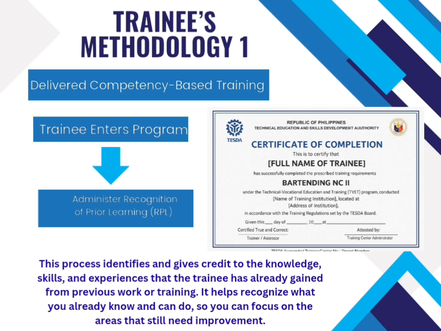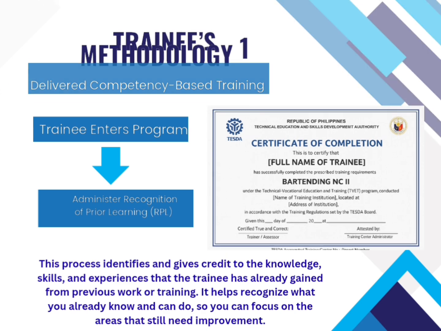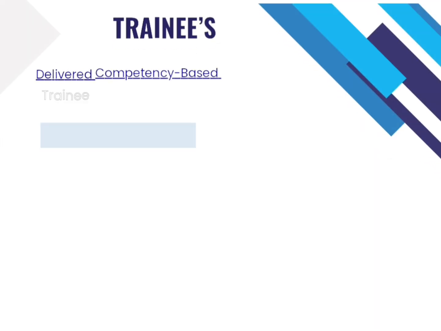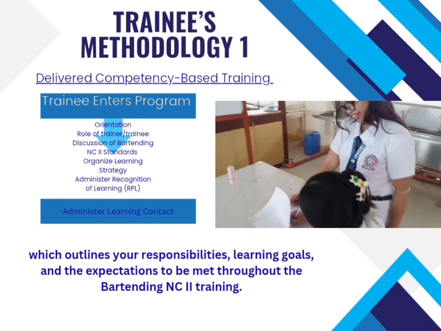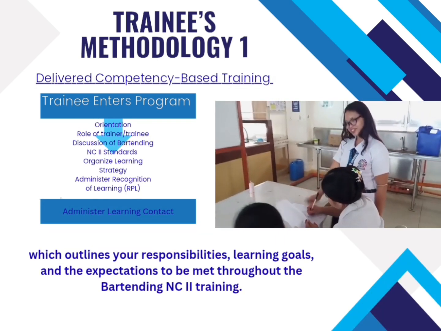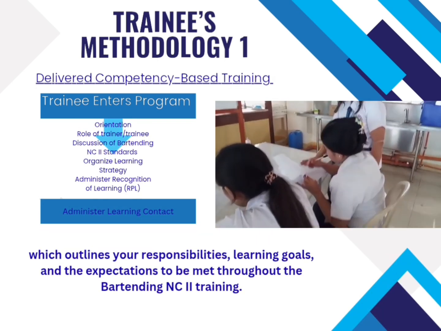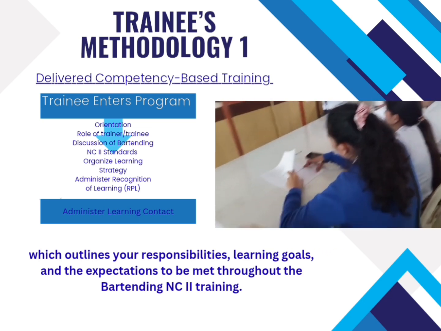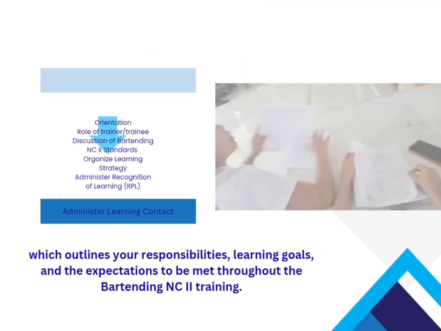This process identifies and gives credit to the knowledge, skills, and experiences that the trainee has already gained from previous work or training. It helps recognize what you already know and can do, so you can focus on the areas that need skills improvement. Also, we have administer learning contract, which outlines your responsibilities, learning goals, and expectations to be met throughout the Bartending NC II training.